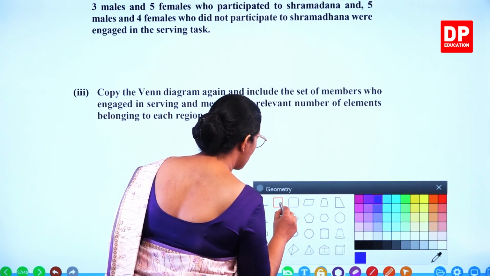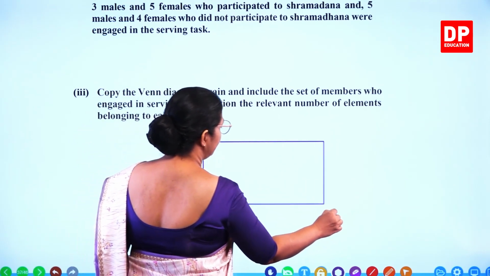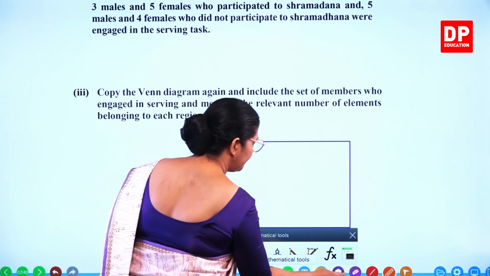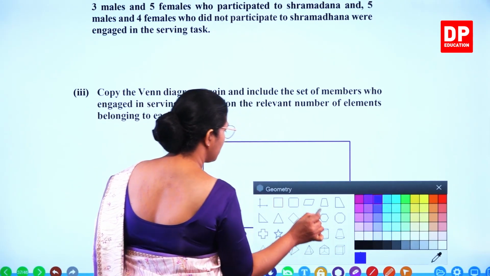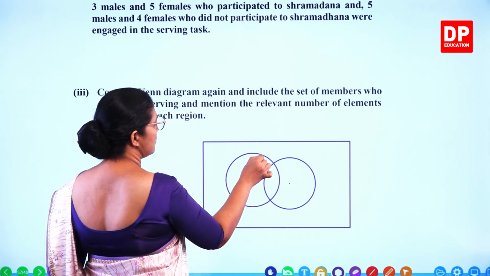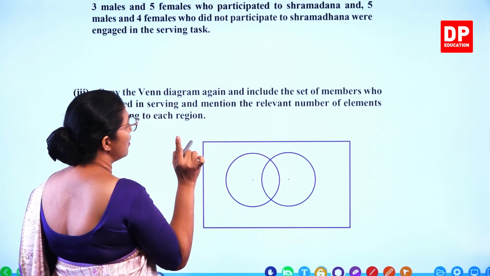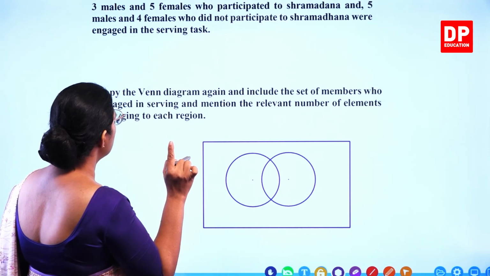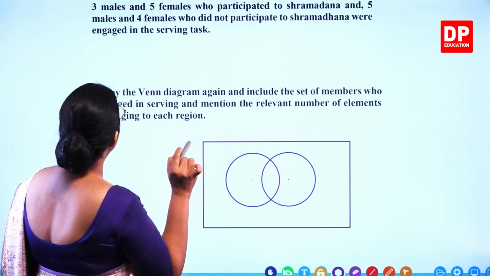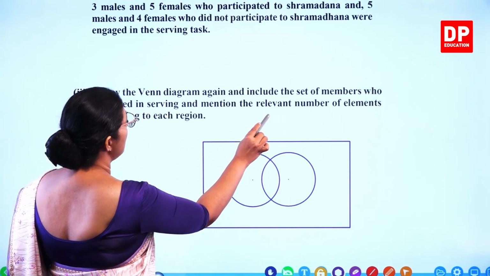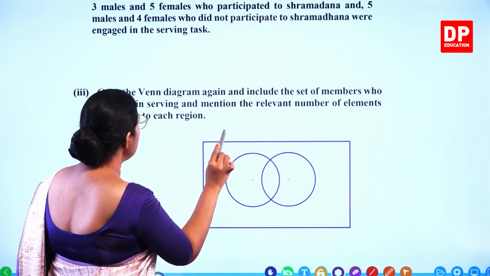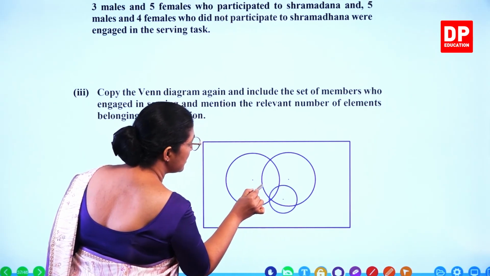So I'll first draw the rectangle and we had 2 circles. And now, according to the previous one, now there's another circle. What's the other circle? Here it says, engage serving. Members who engage in serving. So we'll draw another circle here.